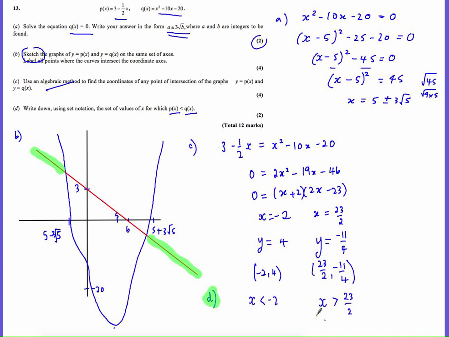So that's just using some normal algebraic notation. Set notation, we have to think about what types of numbers we've got. So we've got x. X belongs to the set of all real numbers. X has to be less than minus 2.